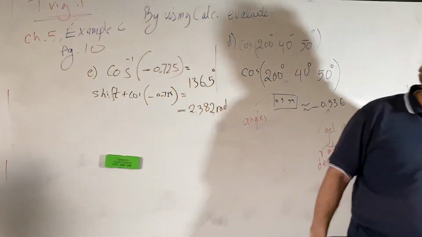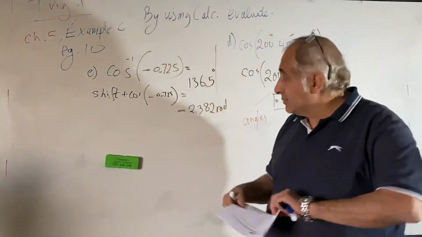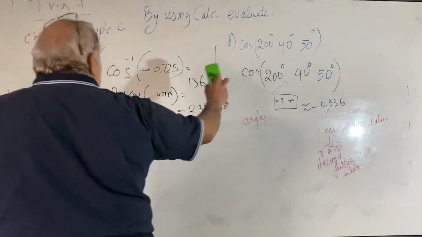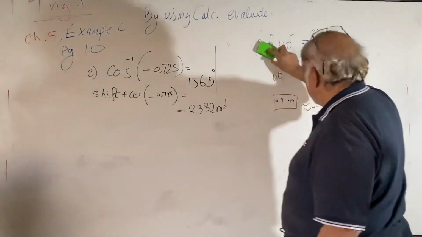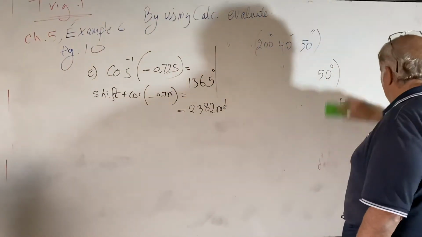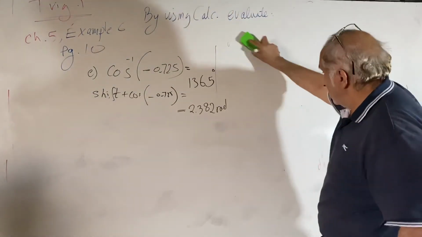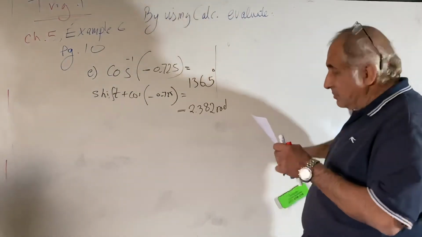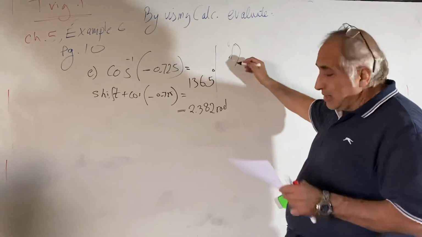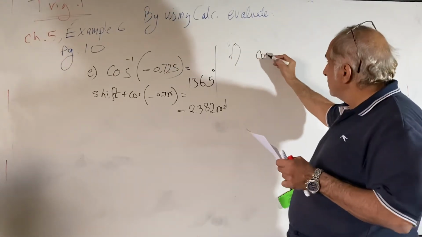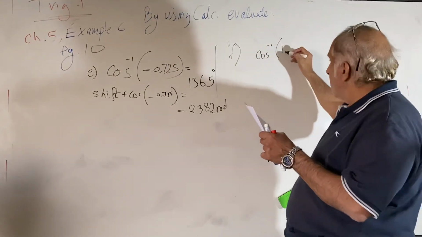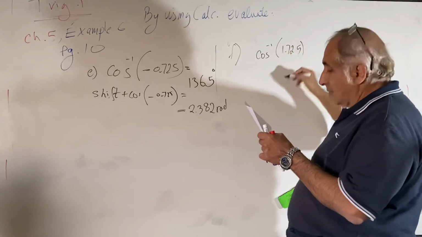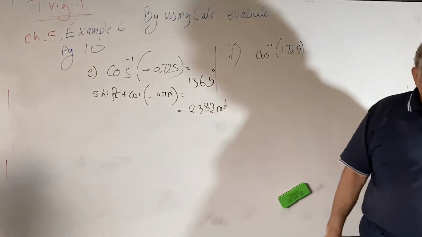I think we have one last question in that group. The last part is called F. I want to find the value of this. If you notice, the question was saying, if possible. Guess what?